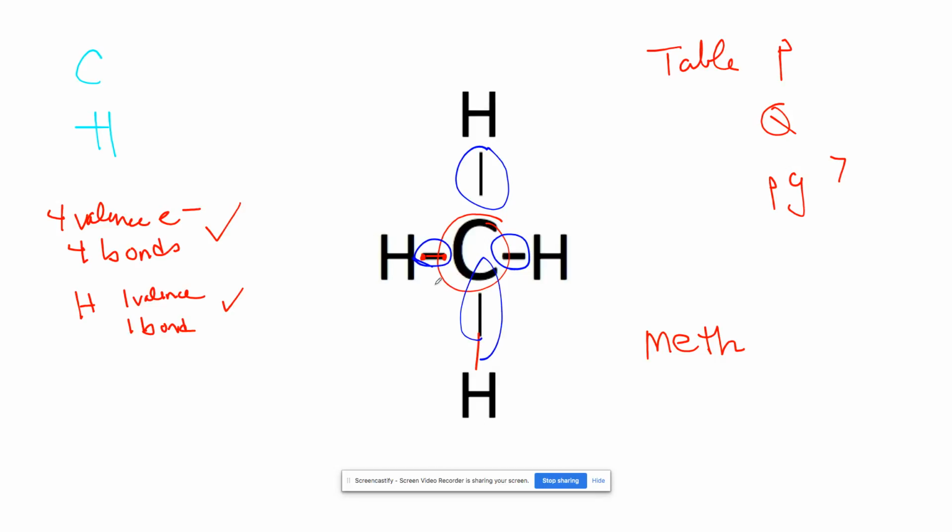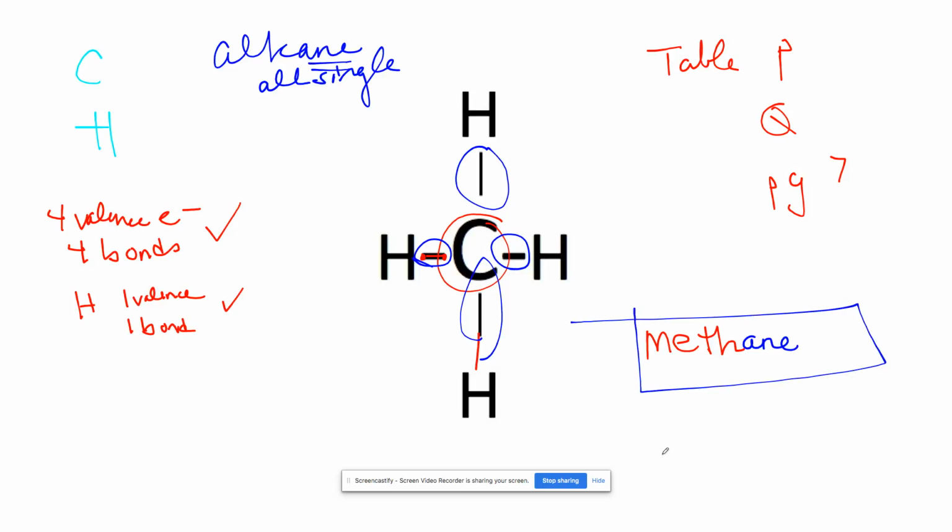And since they are all single bonds, you look at table Q, and the picture in table Q that has all single bonds is called an alkane. So alkanes have all single bonds, like this one does here. An alkane has the suffix or the ending ane. So this is called methane.